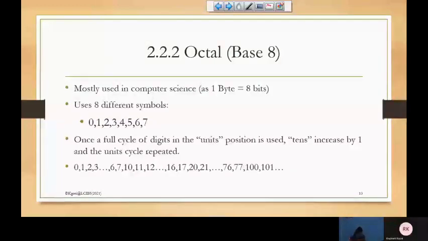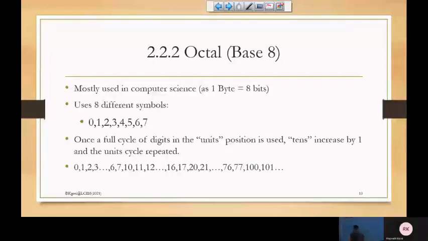So when you use your digits, you'll see that you start adding in the same way as you did with your base 10 numbers, up until you get to the largest 1-digit number. In this case, it is 7. After 7, you reset, you go back to 0, and then you increment the tens. So you have 11, 12, 13, 14, 15, 16, 17, 20, 21, 22, up to 27.